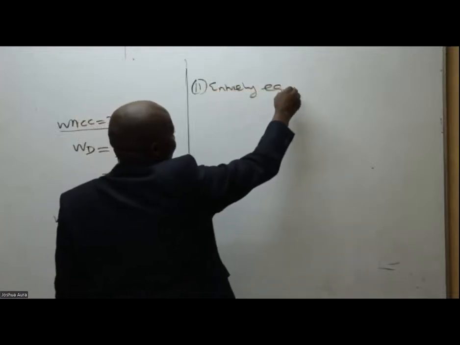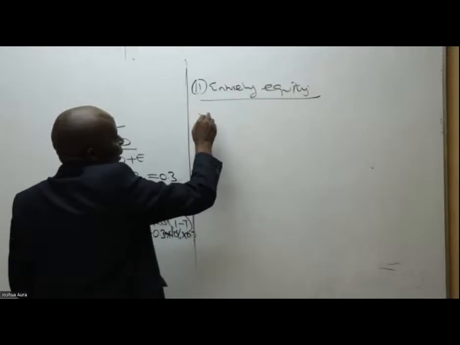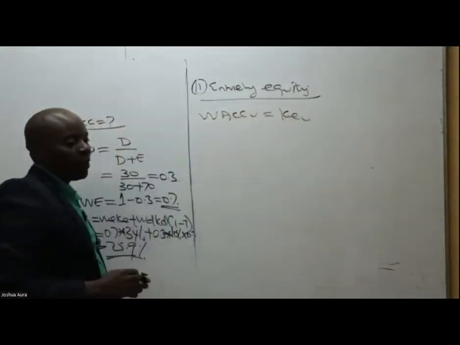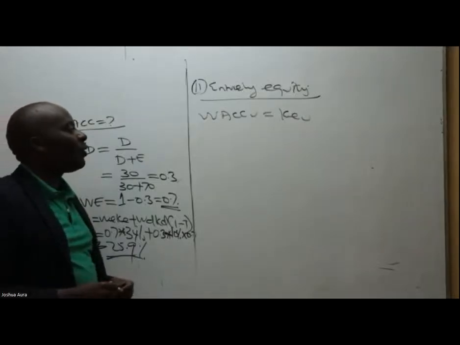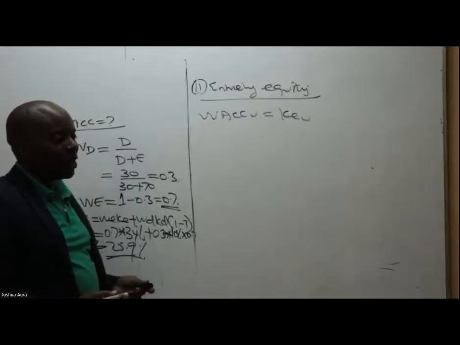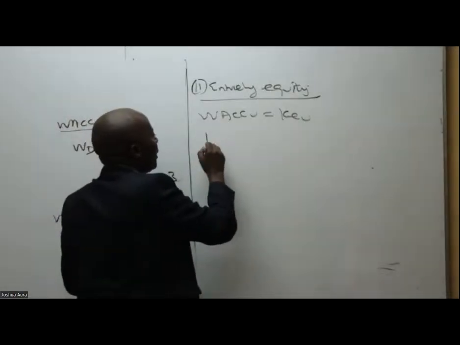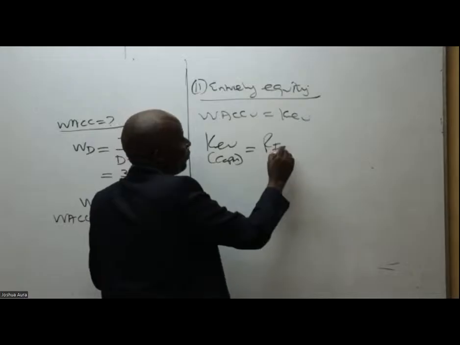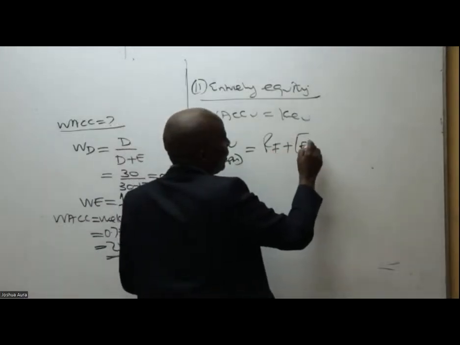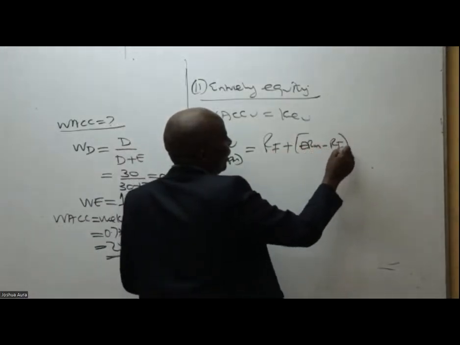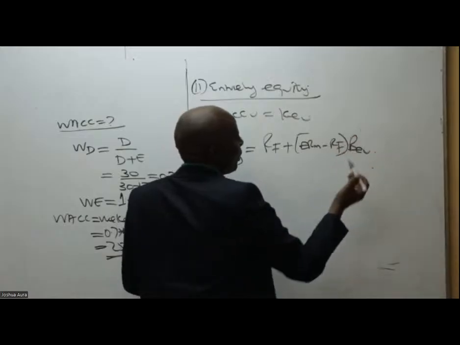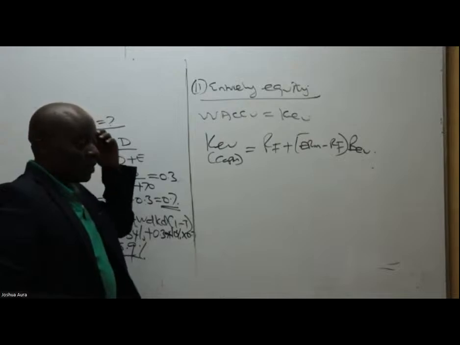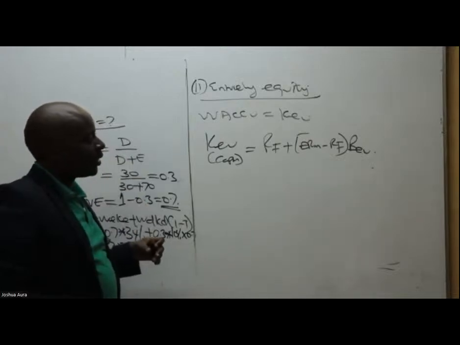Entirely equity, I know WACC of the unlevered firm equals Ke. To get Ke using CAPM, I take the risk-free plus market returns minus risk-free multiplied by beta. I do not need a lot of workings here really.